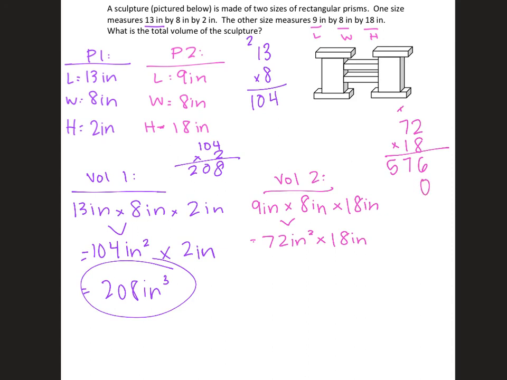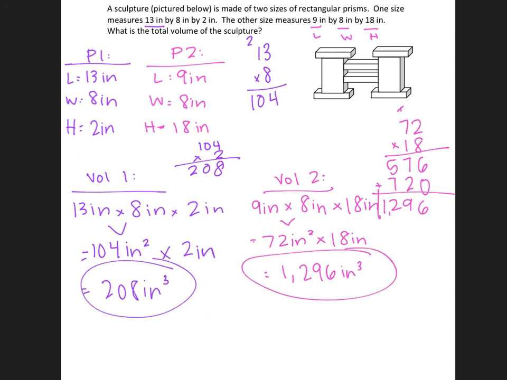Okay, 1 times 2 is 2, and 1 times 7 is 7. When I add that together, I'm going to get 6, 9, 12. So 1,296. So that's going to give me a total of 1,296 cubic inches.